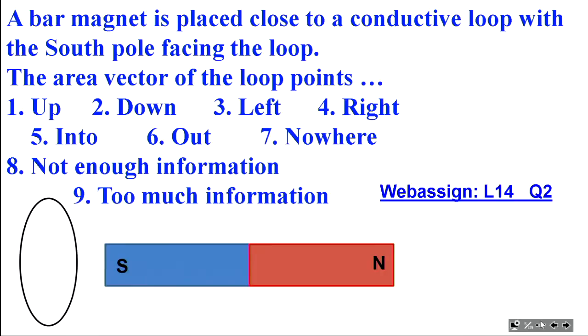For that, we need to know how magnetic field lines of a bar magnet look like. We have to draw those lines, and then we have to look at those lines at the location of the loop, and then we have to apply the definition of the flux, and then we have to choose the answer.